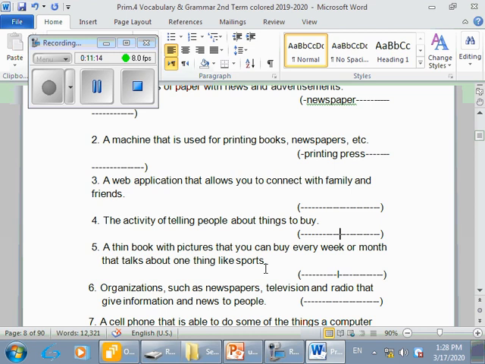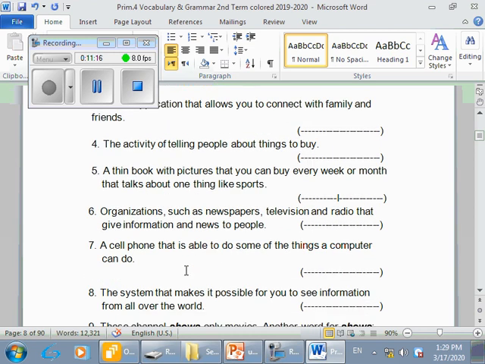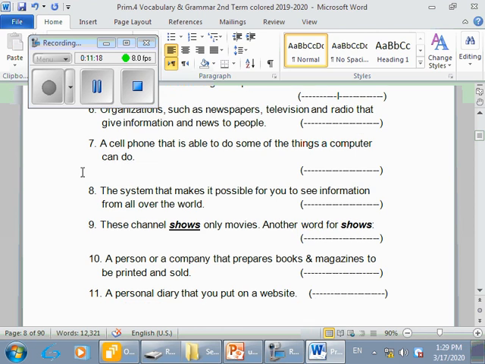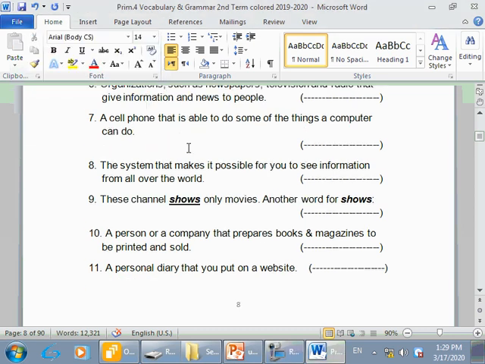Mass media. Number 7, a cell phone that is able to do some of the things a computer can do. What is that? Smartphone. Number 8, the system that makes it possible for you to see information from all over the world. The web.